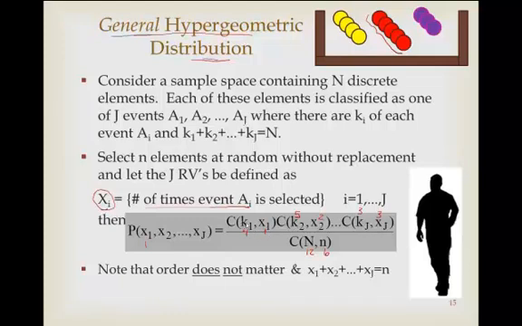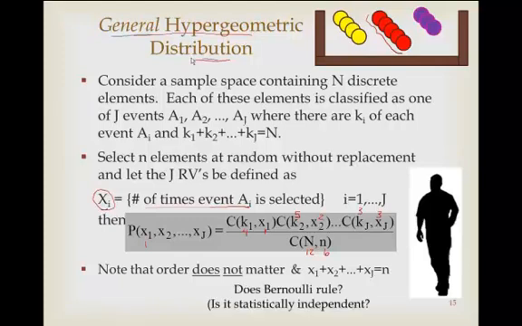Once you figure out k is the upper limit of each one, and x is what you actually choose, and again, the big N is the total number, and the little n is how many total you've chosen, once you get that figured out, you're golden. You can plug virtually anything in with a general hypergeometric distribution.